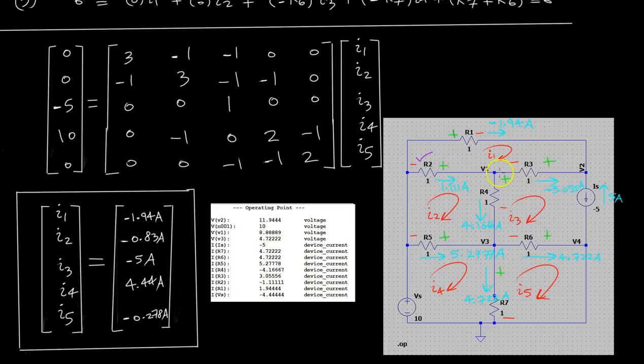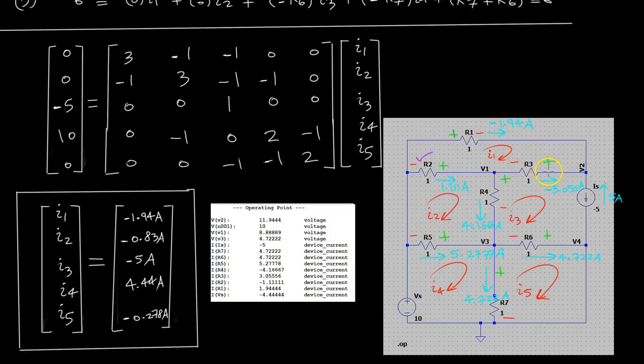Let's look at R3. I'm going to need to look at V1 minus V2 over 1, which is just V1 minus V2. So that's 8.88 minus 11.94. That's the direction we've assumed. Sorry, let's look at that. That is the opposite. I was looking at this one. So this is plus minus.